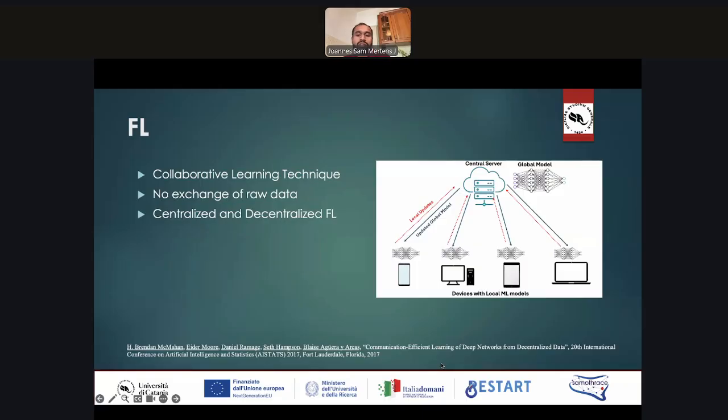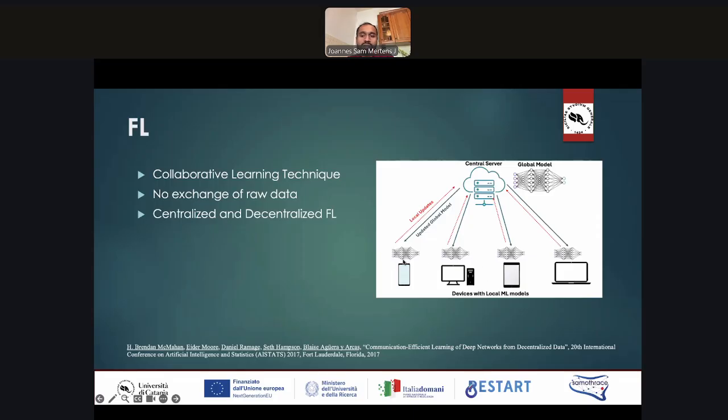So Google proposed this technique, and it works in a very simple manner: you have client devices that have the model locally, but instead of sending the raw data to the central server, they send only the model weights to the central server, where they get aggregated and the complete model parameters are sent back to the devices.